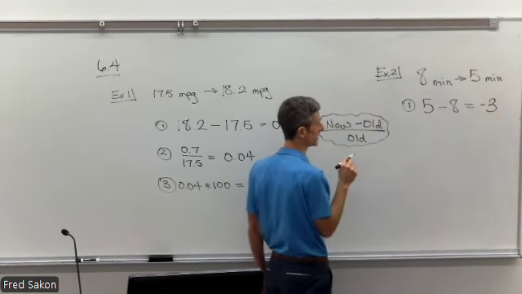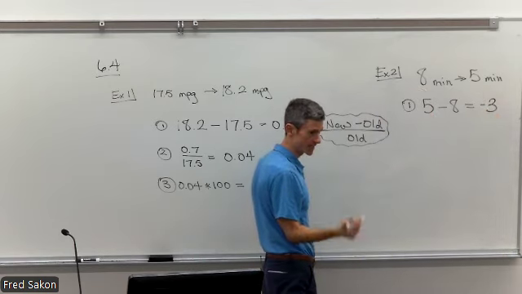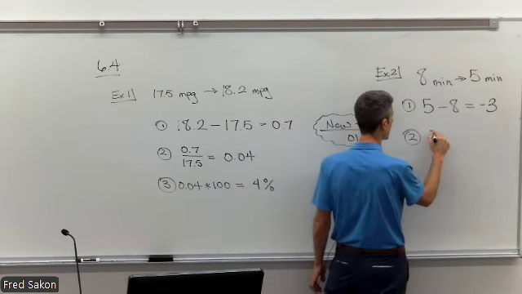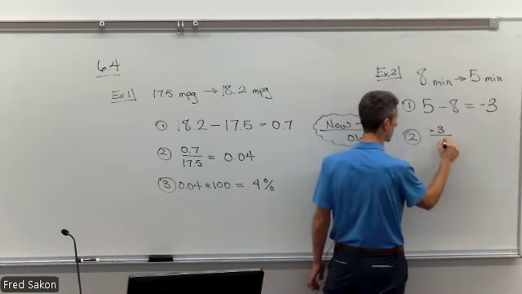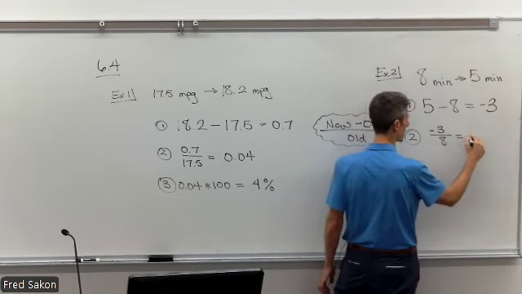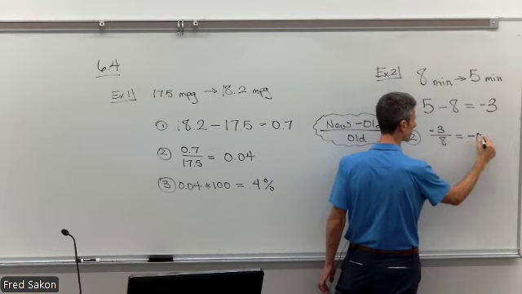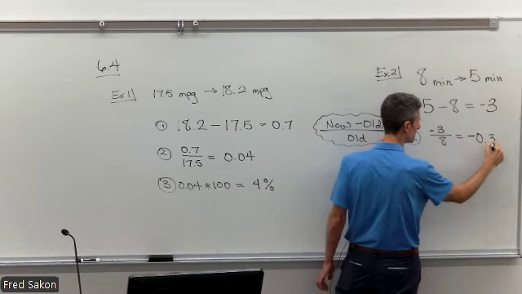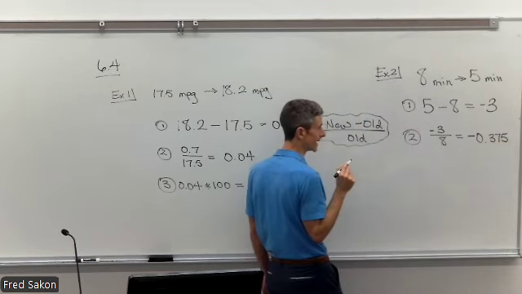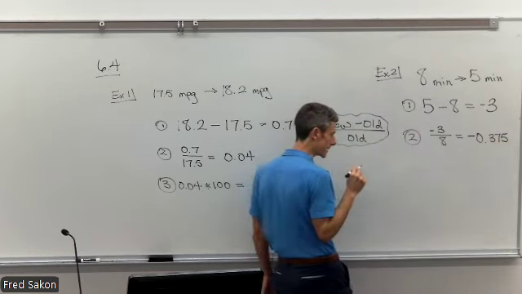So when we go down, we get a negative sign. That's kind of an indication that this is a decrease. Then we want to divide that number by the old amount, 8, and take your calculator and determine what that is. You should verify that's negative 0.375.